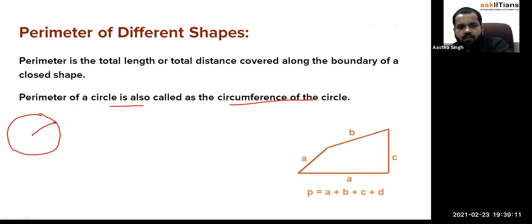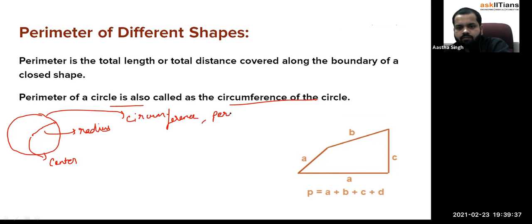A circle is basically formed by the path traced out by a moving point at a fixed distance from a fixed point. That fixed point is known as the center, and that fixed distance is known as the radius. The path traced out is known as the circumference or perimeter, which is equal to 2 pi r. r is the radius, and the value of pi is 22/7.